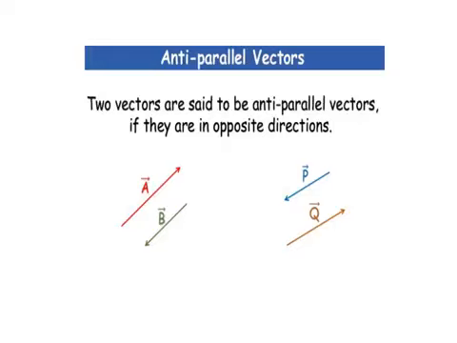So antiparallel vectors are those vectors which are not parallel, which means they are in the opposite direction. Like the vector A is moving upward and the vector B is moving downward. Similarly, in figure 2, the vector P is in downward direction, whereas the vector Q is in upward direction.